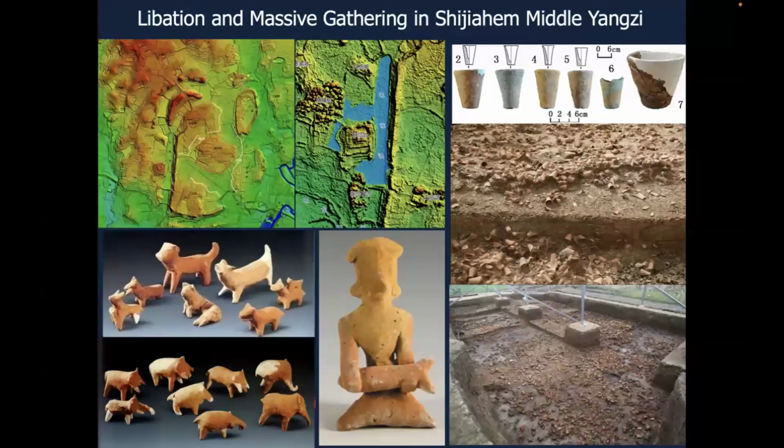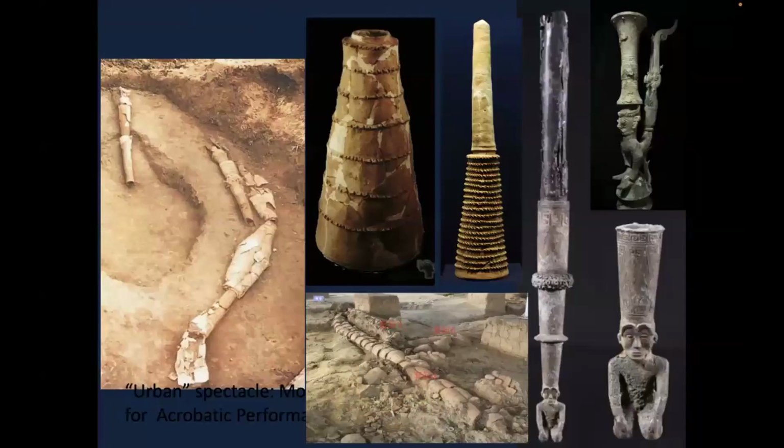And in Shijiahe, we can't even talk about a centralization of society or even urbanism, because what you see is a massive congregation of people engaging in these ritual activities, figurines, and mass consumption of alcohol in these tiny cups which could come in 250,000, 500,000 size.